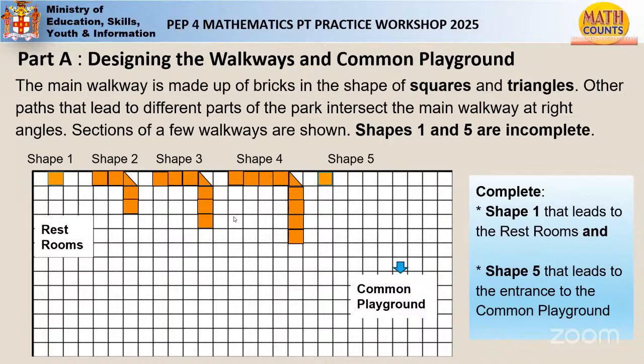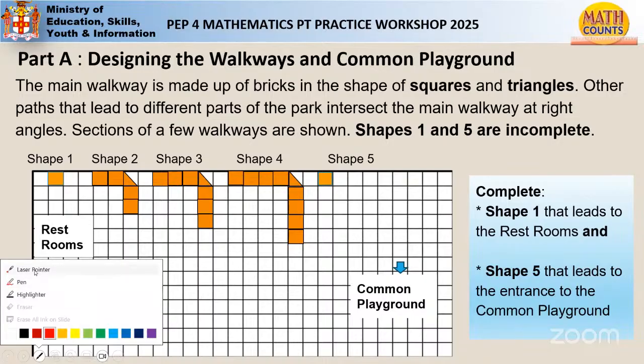All right. Yes, dear. And at shape 1 there is supposed to be 2 triangles. 2 squares. So tell me how I would put those 2 squares. Wait. Let me get my pen so you can guide me and you can tell me if I'm right.